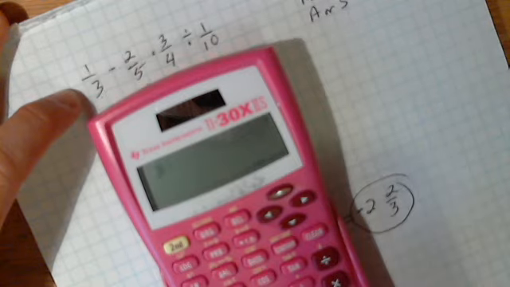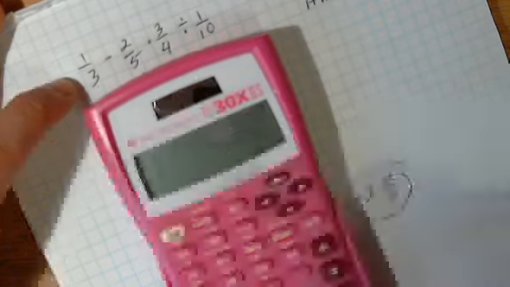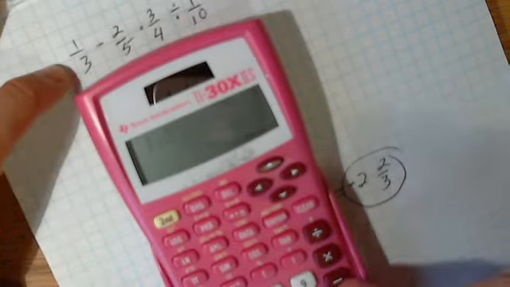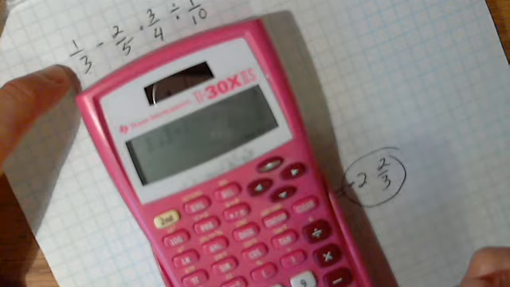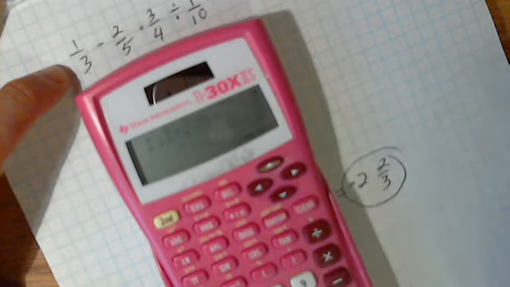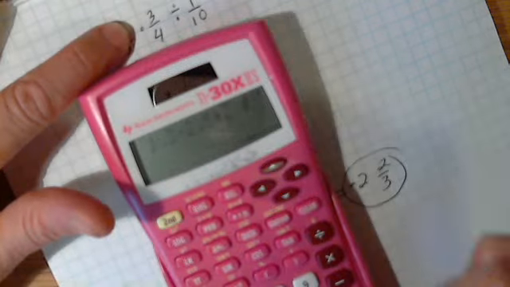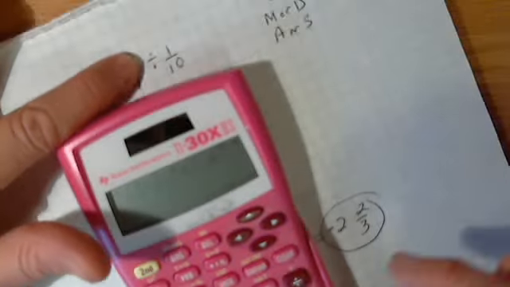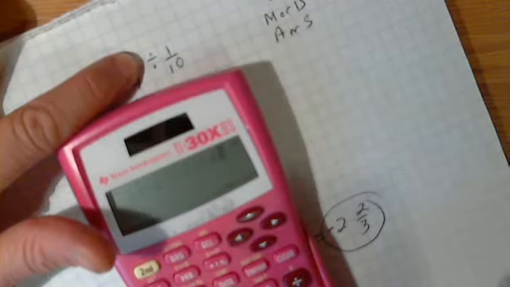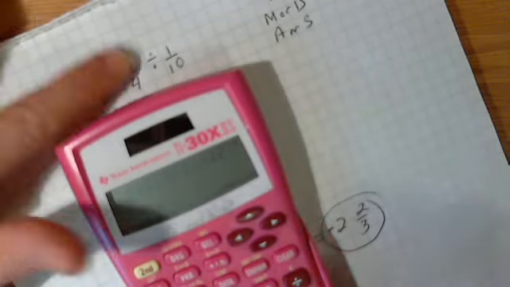It's going to know after I type the problem in just as I see it. 1 fraction key 3, subtract 2 fraction key 5 times 3 fraction key 4 divided by 1 fraction key 10. Hit enter and I get one of my answers, -2 2/3.